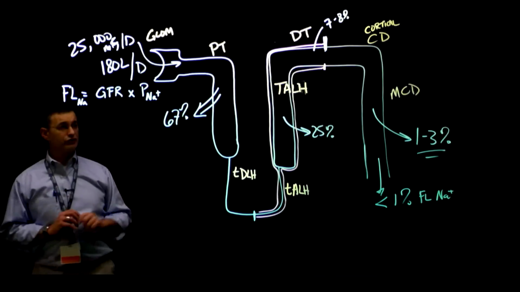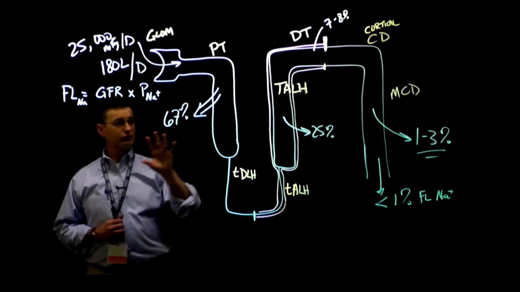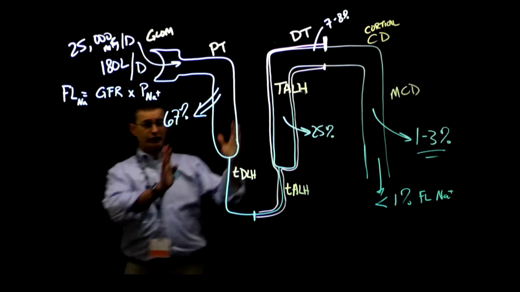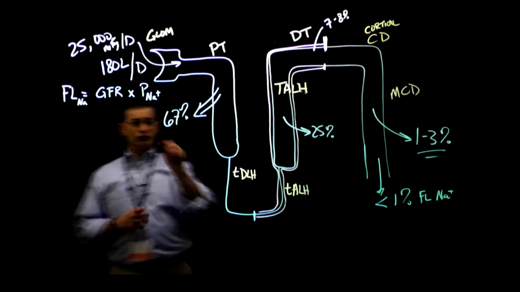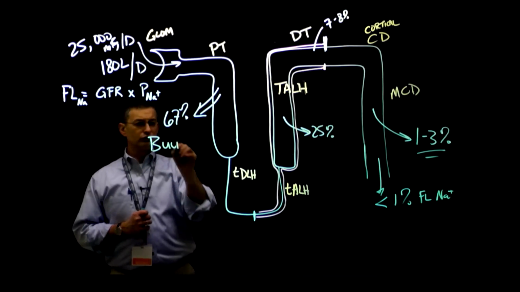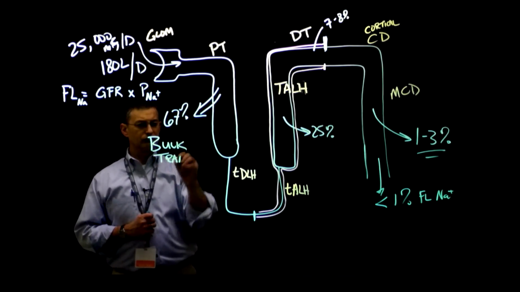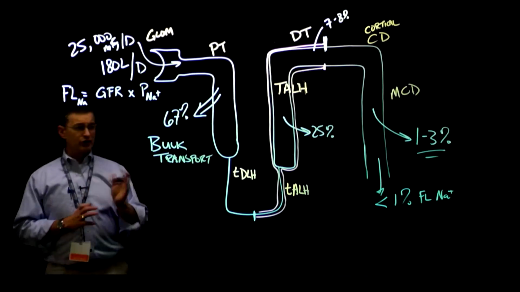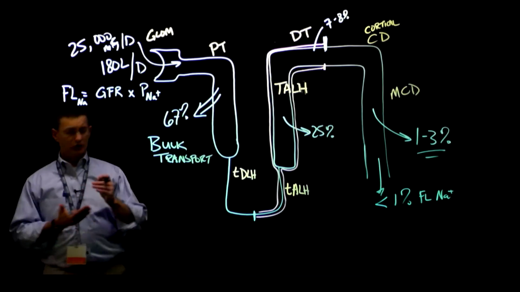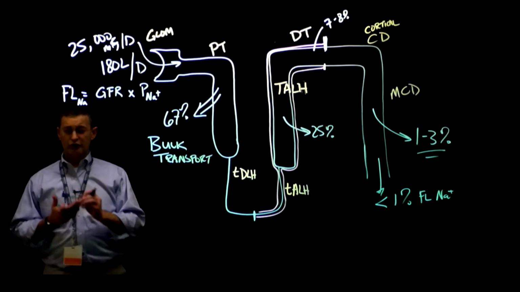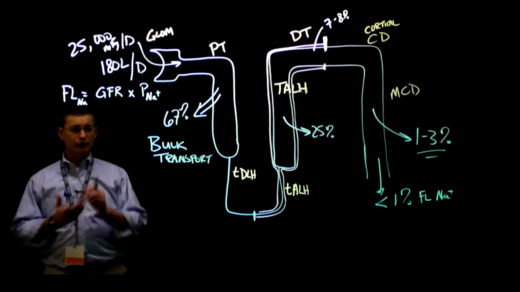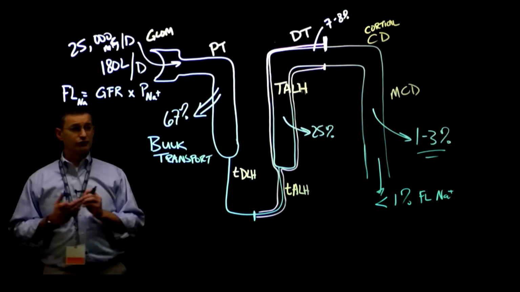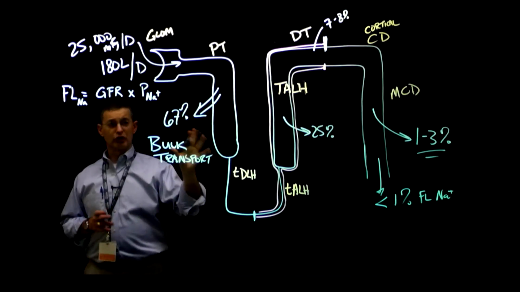The general thought process that you should be thinking about conceptually is that the proximal nephron is responsible for bulk transport, and so carries the lion's share of reabsorption of solutes, which would include sodium, potassium, calcium, phosphate, water, glucose, and amino acids. All of that transport occurs in the proximal tubule.